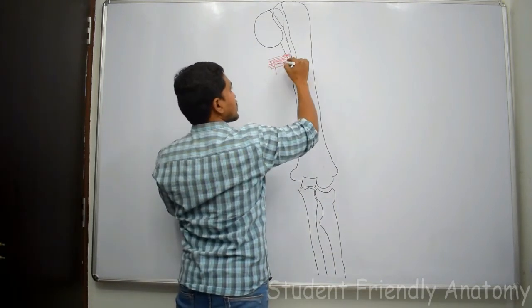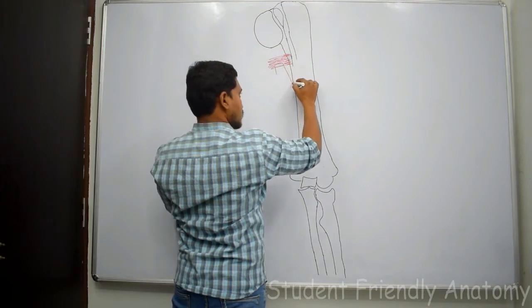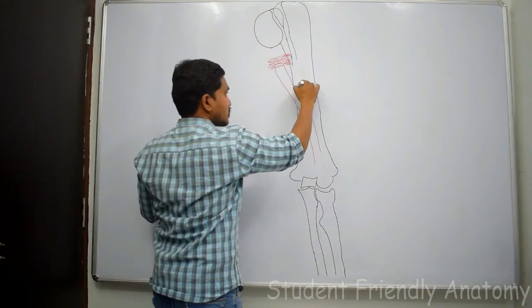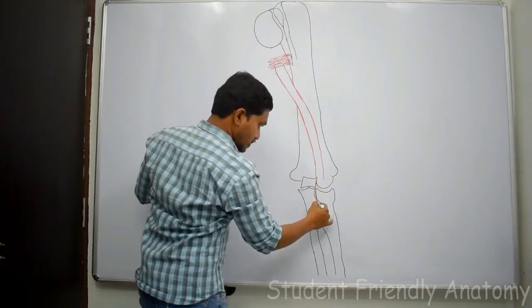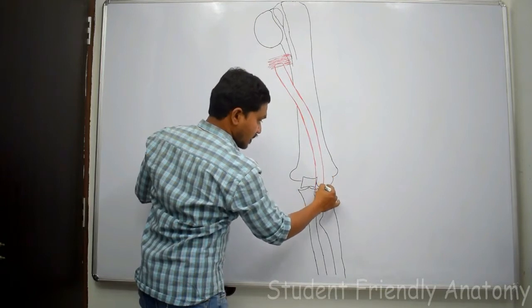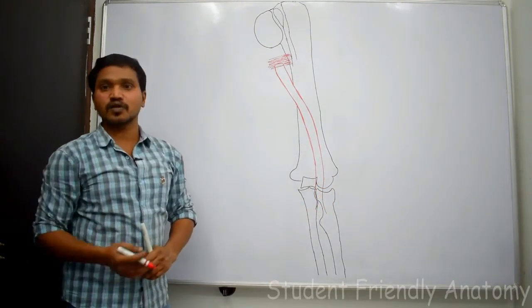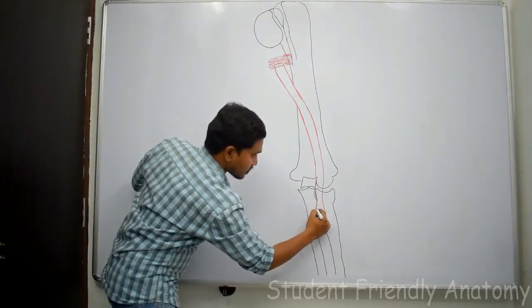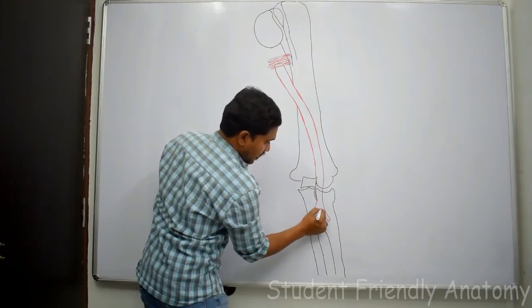This brachial artery crosses from the medial side to the anterior side of the arm, like this. When it reaches the neck of the radius, or just below the elbow joint, the brachial artery divides into the radial artery and the ulnar artery.